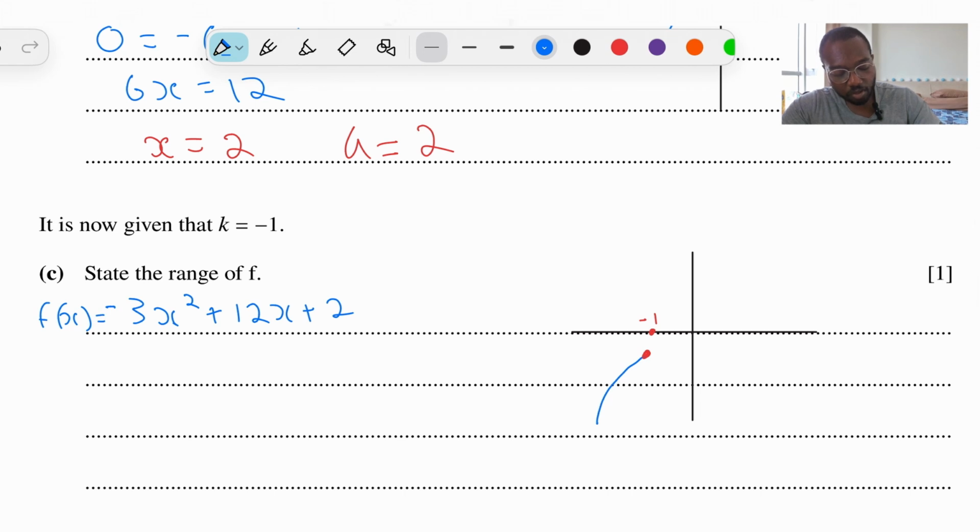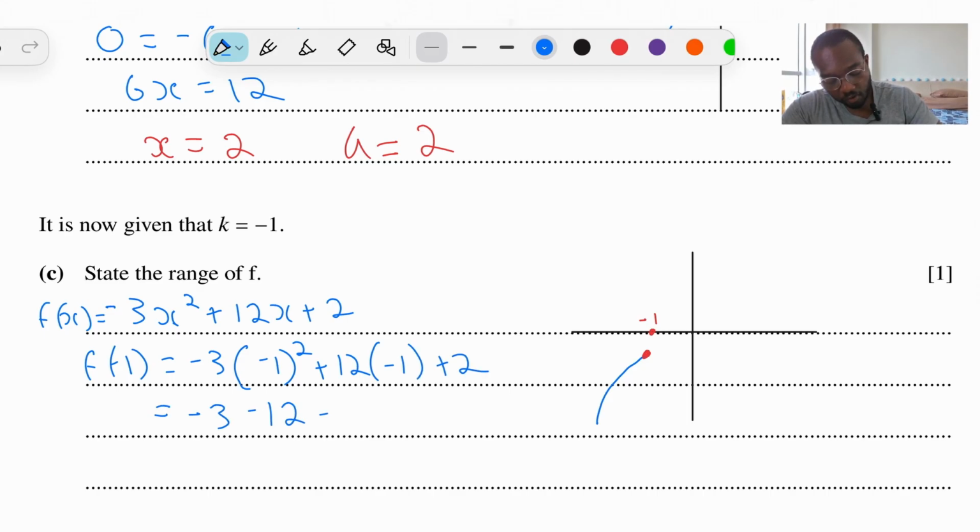So we just need to do f of minus 1. That's minus 3 times minus 1 squared, plus 12 times minus 1, plus 2. That gives me minus 3 minus 12 plus 2, which is minus 13.